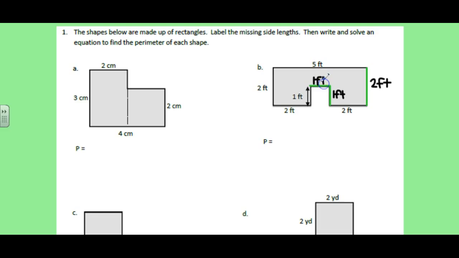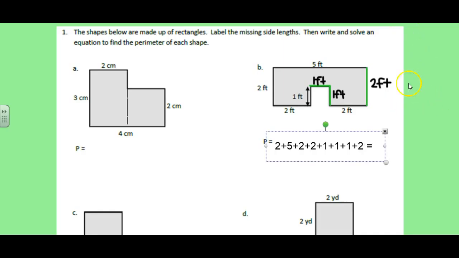And so now we have all of our missing side lengths labeled, and now we need to write the addition equation to find the perimeter. So we're going to have, that's a big number, I'm going to make it smaller. I'm going to say 2 plus 5 plus 2 plus 2 plus 1 plus 1 plus 1 plus 2.